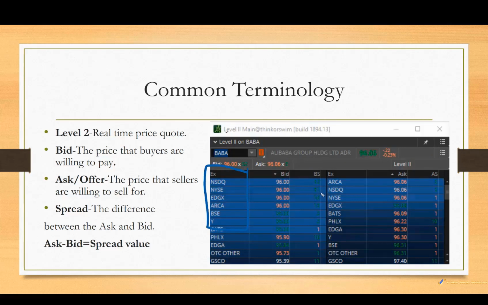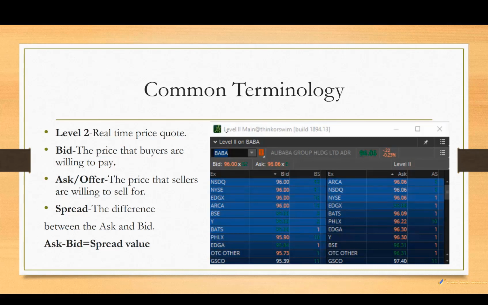On this particular Level 2, you have to add 2 zeros. So this 52 is really 5,200 shares. This 3 is really 300 shares. And as you'll see in the next slide, Level 2s can be a little bit different depending on your stockbroker, but they give you the same information.